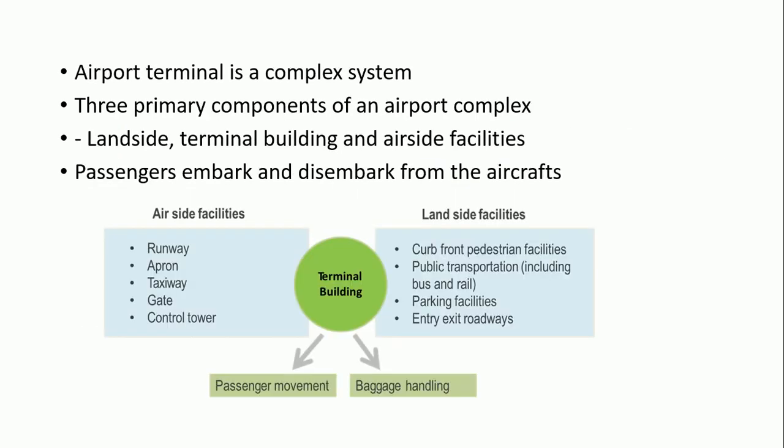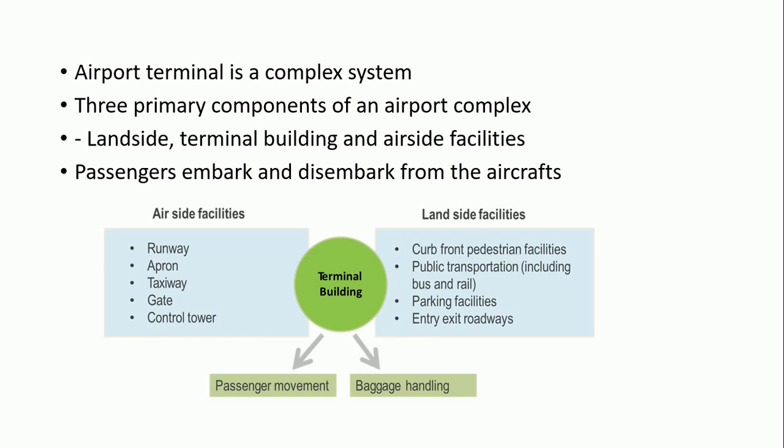The airport terminal is a complex system, and the three primary components of an airport complex are: first, the landside, the terminal buildings, and the airside facilities, in which the passengers embark and disembark from the aircraft, which means arrive and depart from the aircraft.